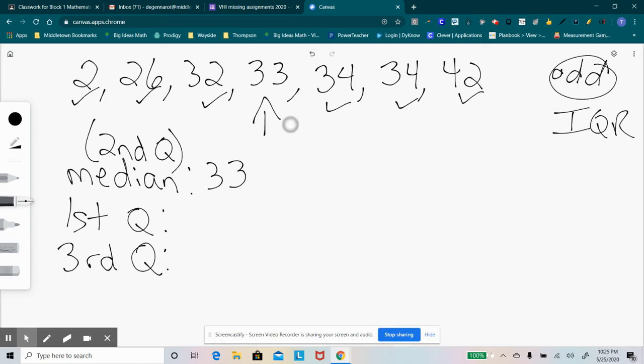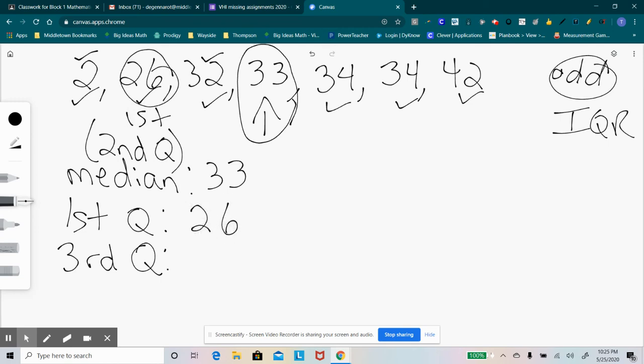So if our median is actually one of our data points, you are not including it when you're finding your median of your lower half. So for this one, you are not including 33. So that means 2 and 32 are pairs. So that means this right here is my first quartile. So 26 is my first quartile.